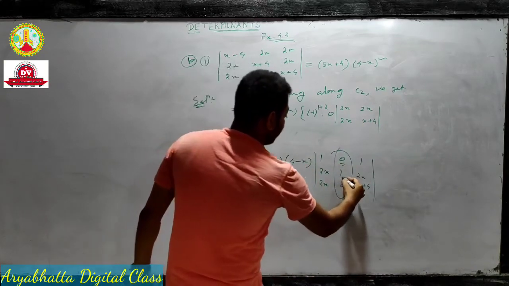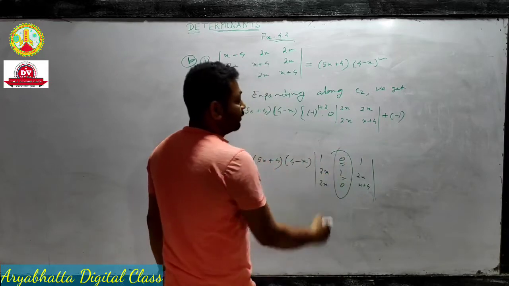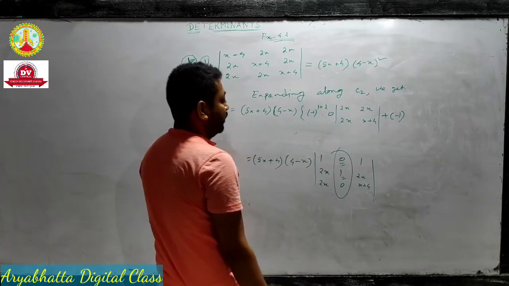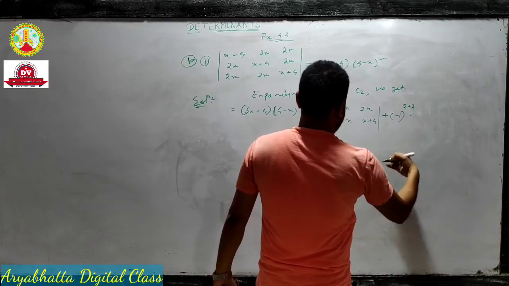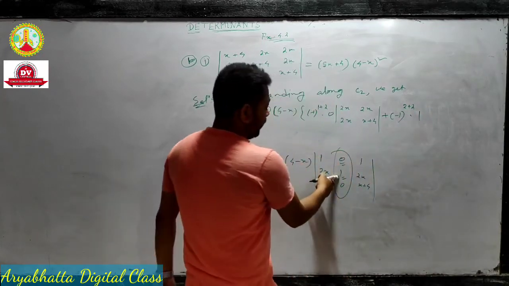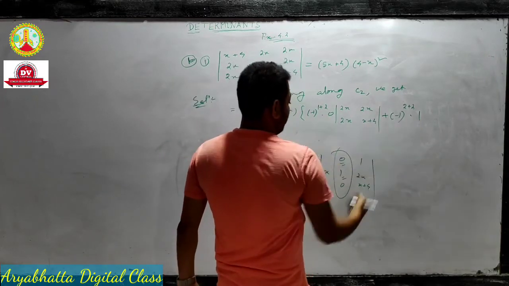Next, for this element, minus 1 whole to the power, this element belongs to second row, second column, therefore minus 1 whole to the power 2 plus 2. And the element a22 is 1, therefore here 1.